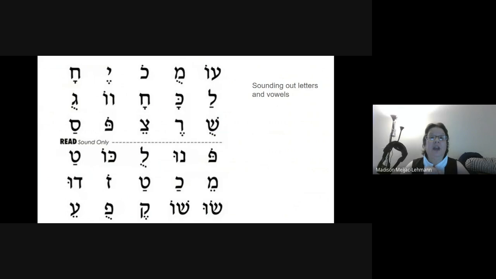Okay, that's okay. It would make no sound because the ayin has no sound by itself. Okay, and so we have no sound here, and this is a vowel holder. Okay, and there's an O, so it's called a cholam vav. So this only makes one sound. Can anyone guess what sound this word would make?